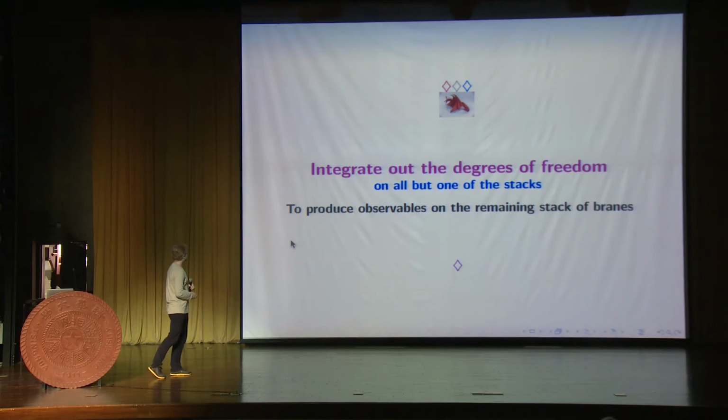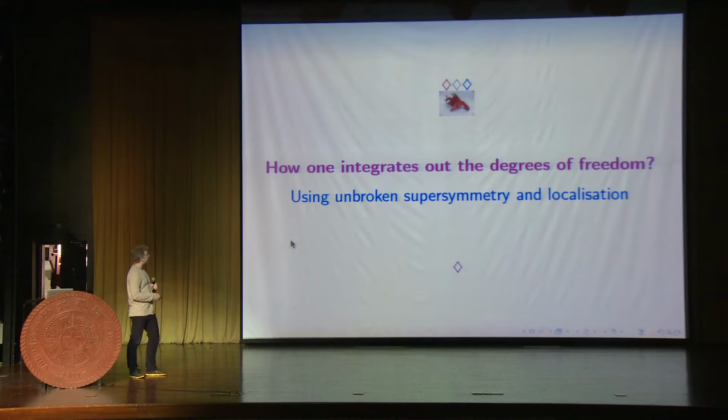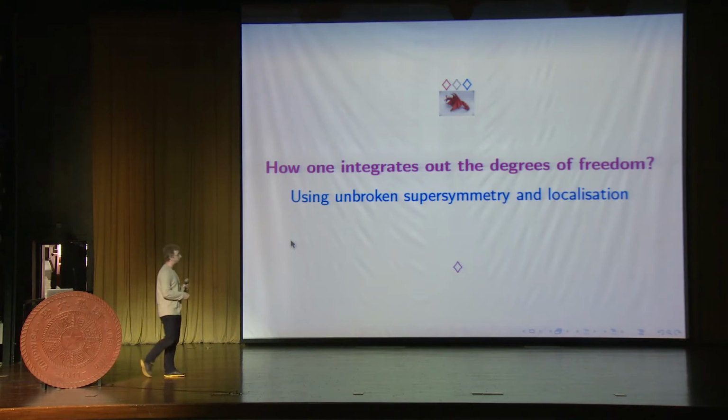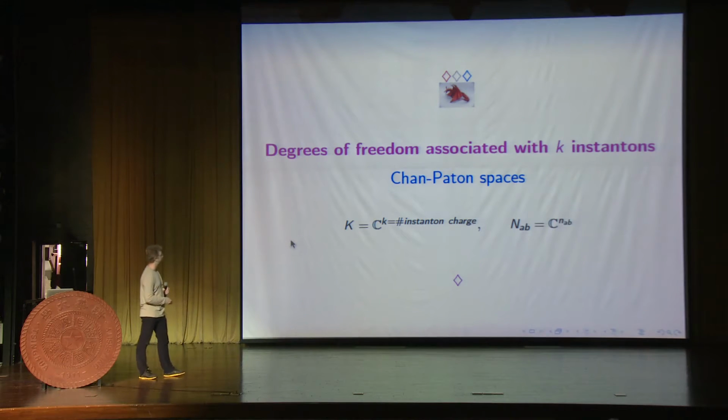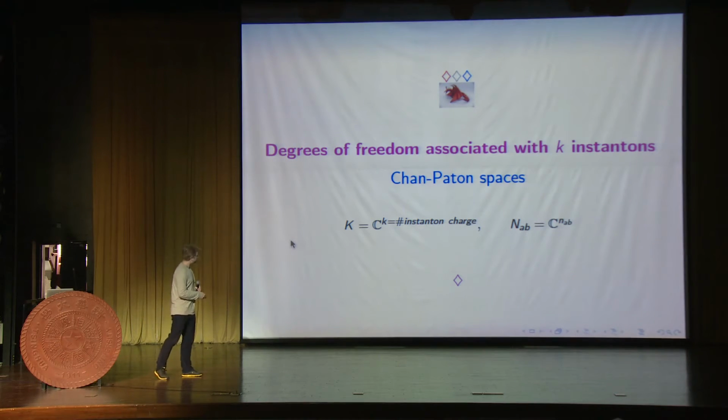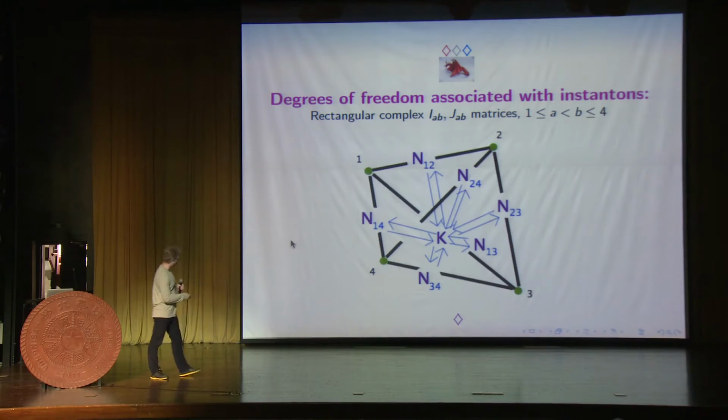Okay, and so one integrates out degrees of freedom using supersymmetry and localization. These stacks were chosen carefully so as to preserve some fraction of supersymmetry, and so one could use exact supersymmetric computations to evaluate these integrals. So one feature of this integration is that you can represent the degrees of freedom which are associated to instantons.